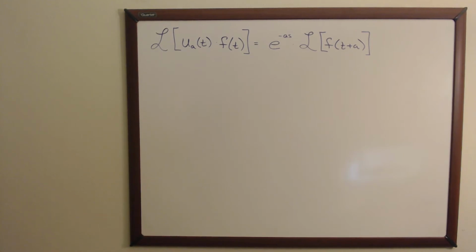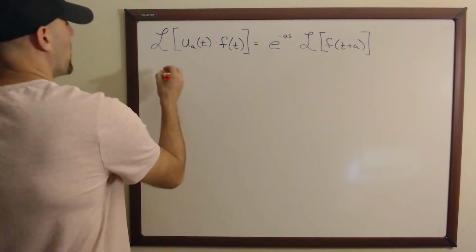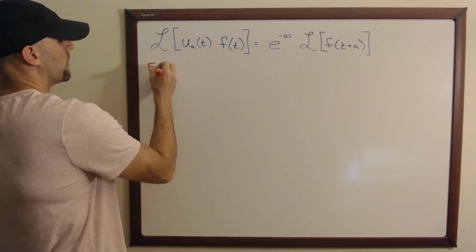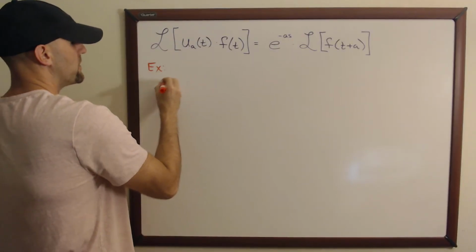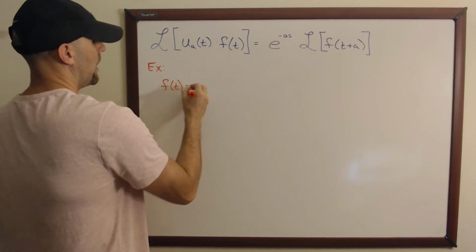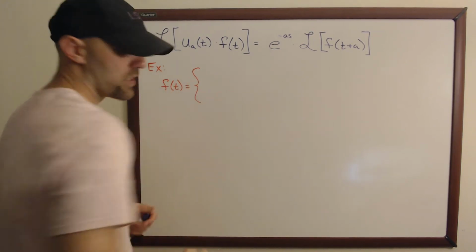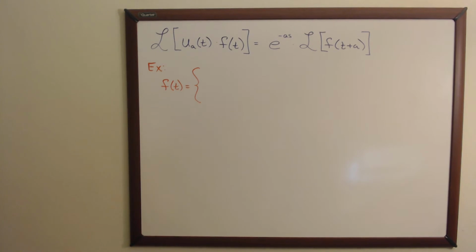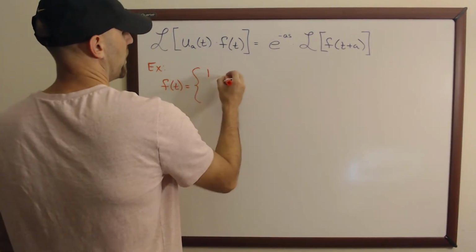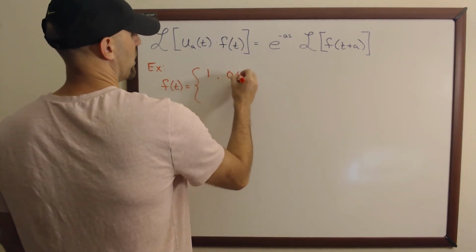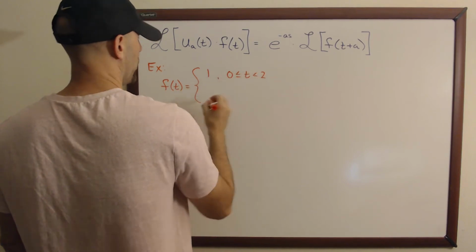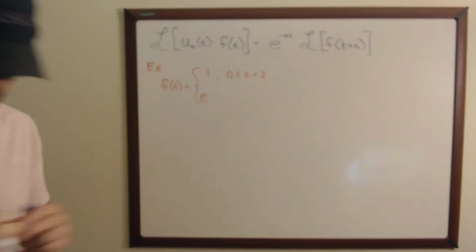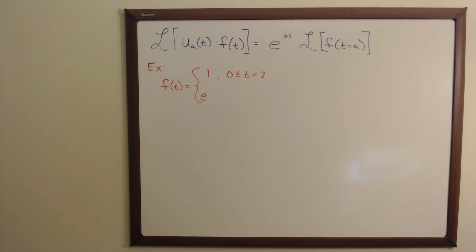By way of an example, let's say f of t is equal to the piecewise function: 1 from 0 to 2, and then e to the negative t minus 2.